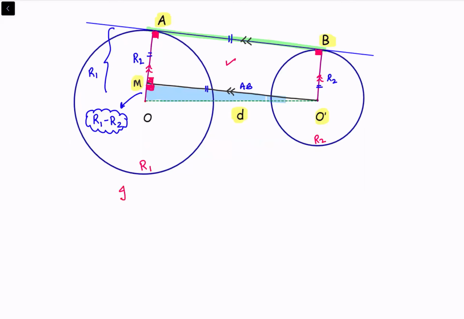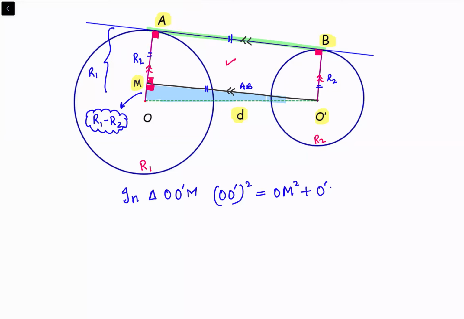So in triangle OO dash M, by applying the Pythagoras theorem, what we are getting is OO dash square, which is the hypotenuse, equals OM square plus O dash M square.